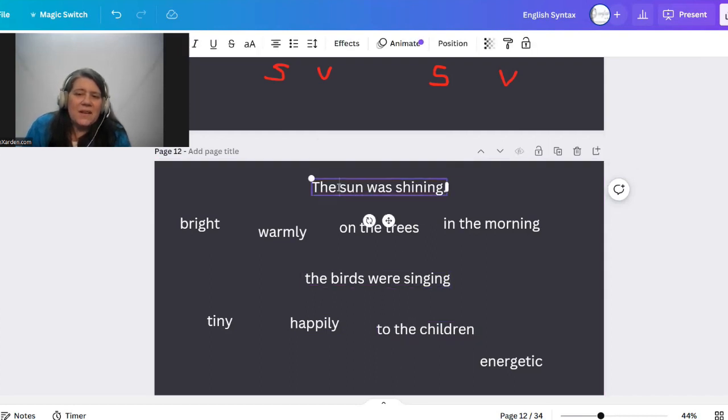So we have the bright sun was shining. The adjective goes before the noun. The bright sun was shining. We need the verb right after the subject. But how was it shining? We need the adverb right after the verb.